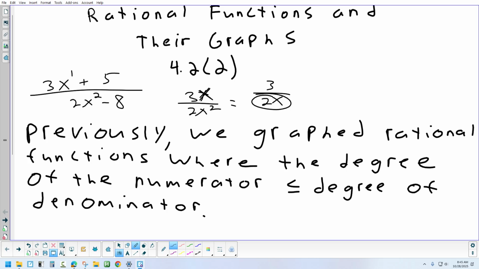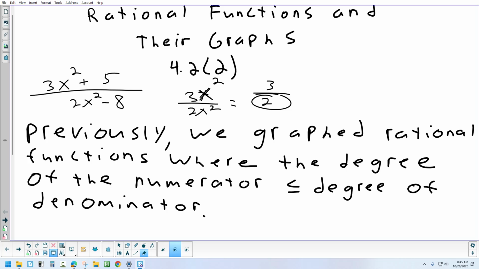Now, when the degrees are the same, if we look at finding the EBM there, what happens now is we have 3x squared over 2x squared, so all the x's cancel out, and you're not left with any x's. So that's your EBM this time. Okay, 3 over 2, that's a constant. So no matter how big x gets, there is no x in the EBM.